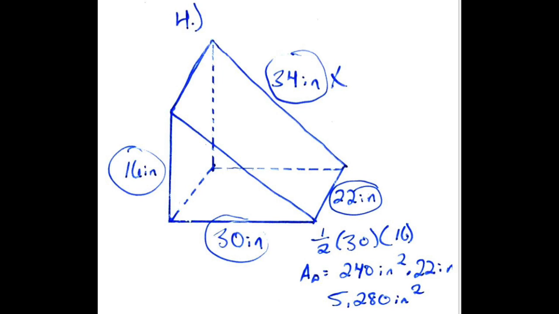So 1/2 times our base, which is 30, times our height, which is 16. So it looks like the area of the triangle face is going to be 240 inches squared.